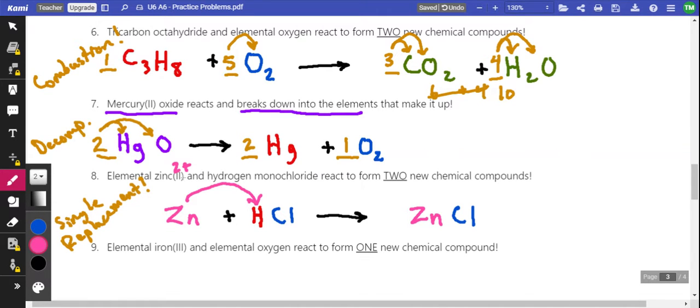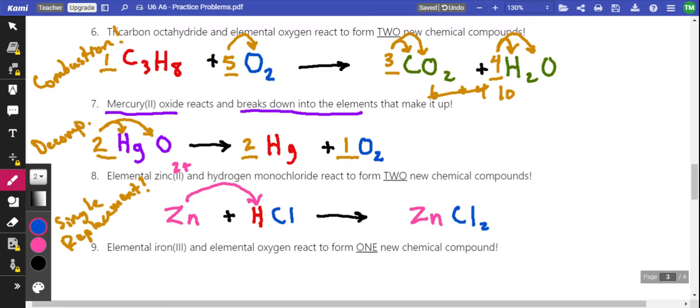That's a positive 2. I'm putting a 2 plus up here, just so I don't forget that. Chlorine should have a negative 1 charge, just by looking at the periodic table. So 1 chlorine is not going to be enough. If I had 2 chlorines, I could have 2 negative charges to cancel out with this positive 2 charge. That would make this compound happy. So it's not just going to be ZnCl, it's going to be ZnCl2.